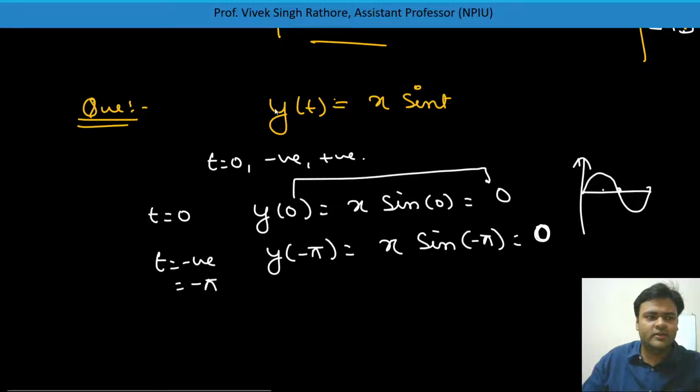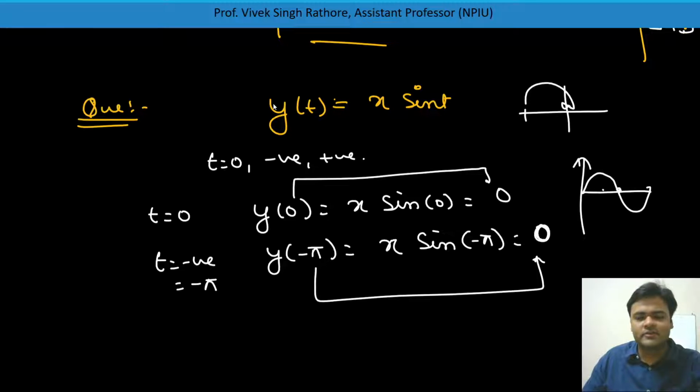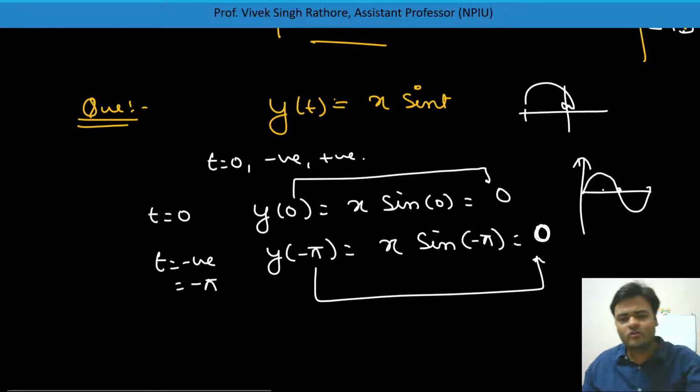So see, it is dependent upon a future value. If it is minus pi, then it is dependent upon a future value. So from here you can say that this is dependent upon a future value, and so it is not a causal system, it is a non-causal system.